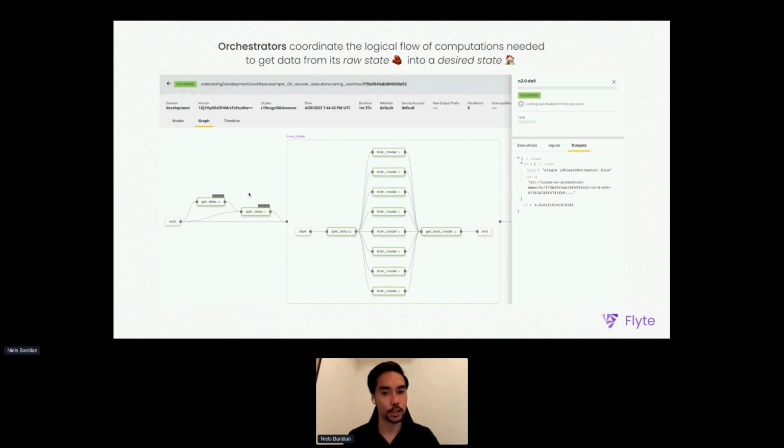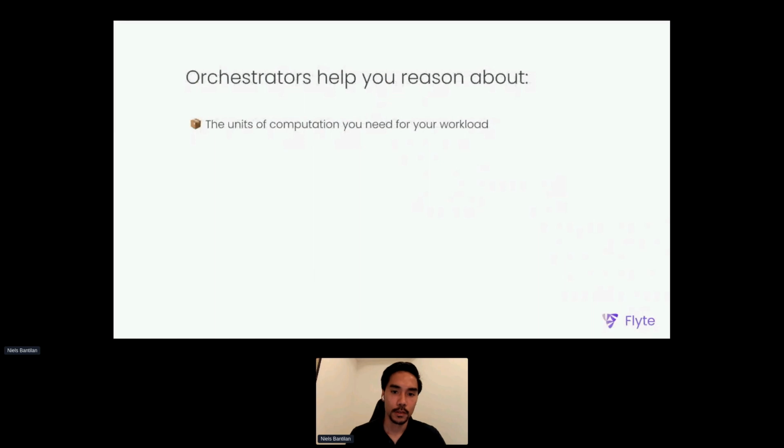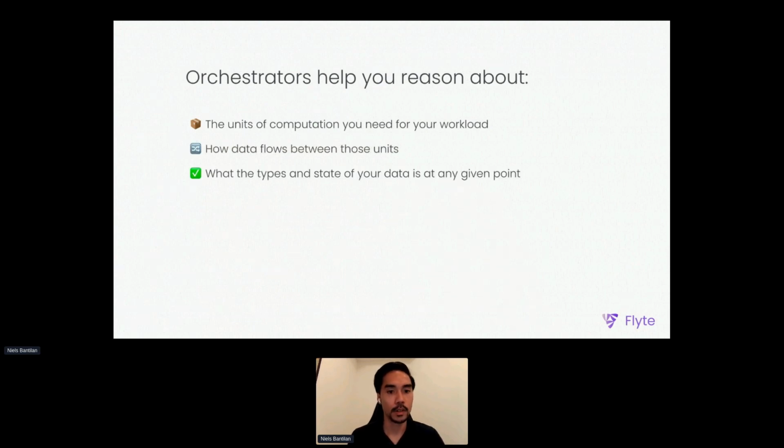Maybe you need just GPUs for this, but not for the get data step. So it helps you reason about the computations you need, data flows between those units of computation, what data types you're using, and what's the state of your data, what dependencies each unit relies on for it to do its computation, and what resources each unit has available to it.